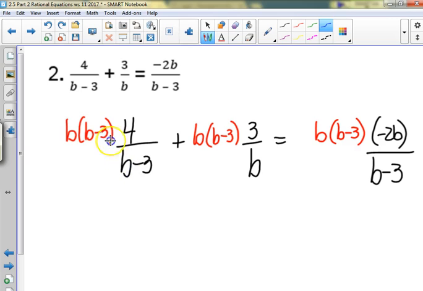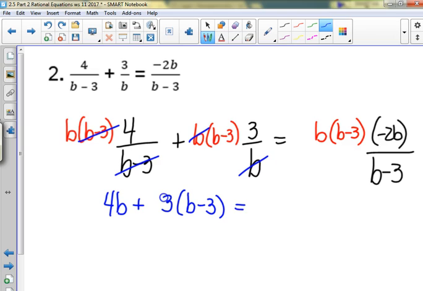What happens here? I can divide out the b minus 3, so I'm left with 4b. I can divide out the b here. 3 times b minus 3. Yep, some of you already distributed. That's all good. And divide out the b minus 3 here.